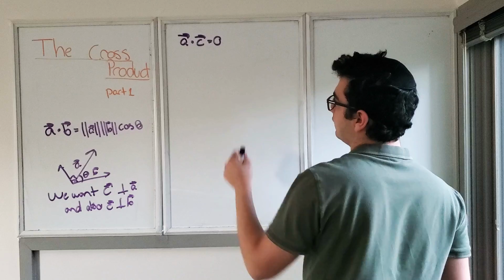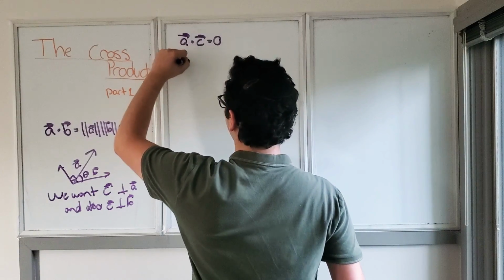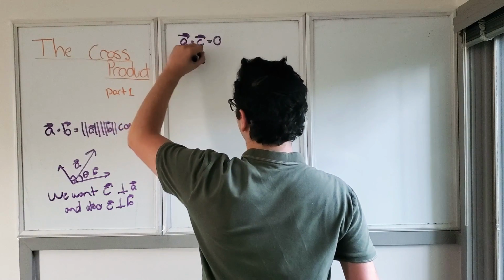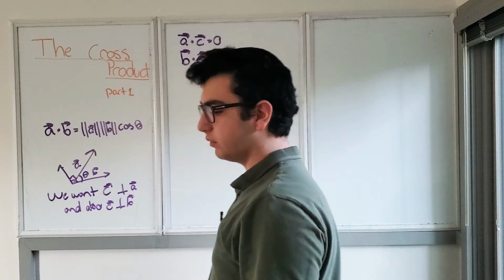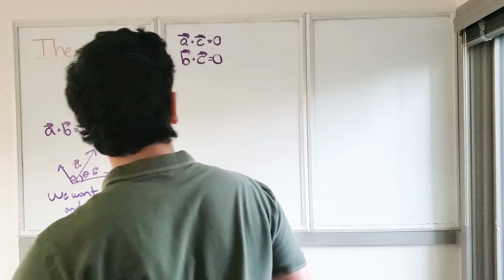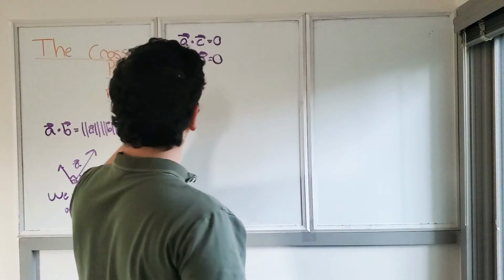So that dot product will be 0. And at the same time, since it's perpendicular to B also, the dot product of those two will also be 0. And right now we can go ahead and expand this out to what it really means.